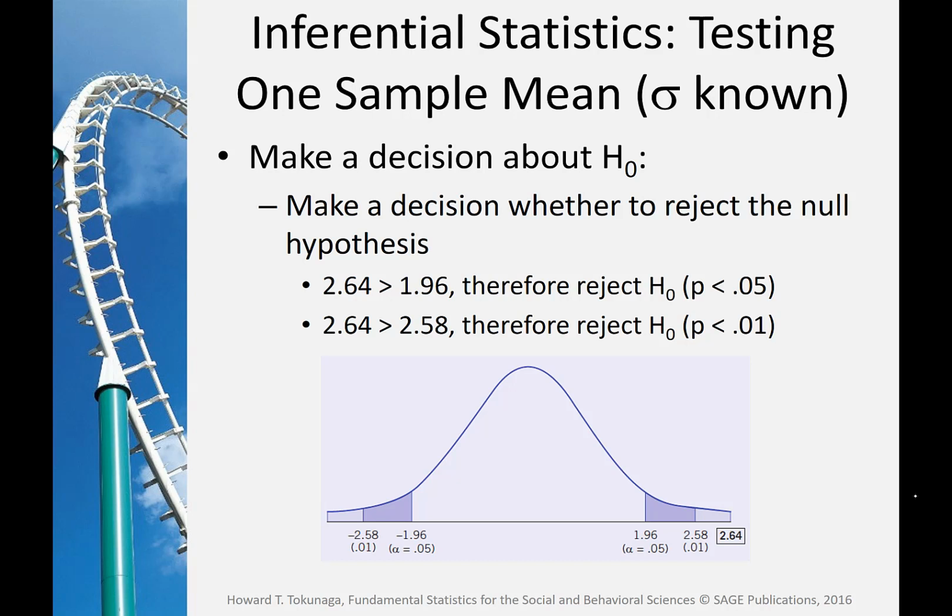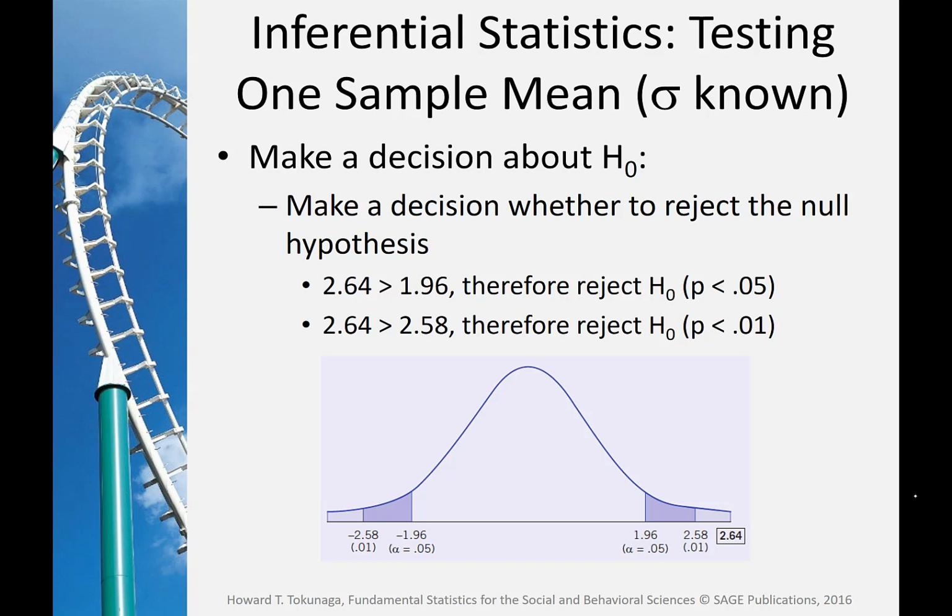Quick digression on this. I don't like this idea that there are levels of significance. It either is or it isn't. I don't like stargazing. Either you reject the null hypothesis or you don't. And we call it stargazing because in some academic journals, they have different levels of statistical significance and they add more stars.